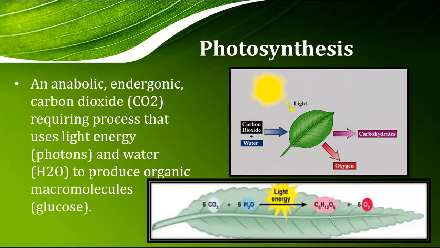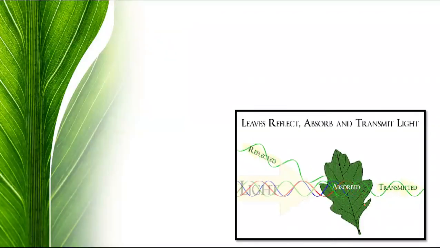That means the carbohydrate, glucose, with the liberation of 6 molecules of oxygen. Now these are the reactants and these are the products. The production of a carbohydrate and the formation of oxygen are the two products of photosynthesis.